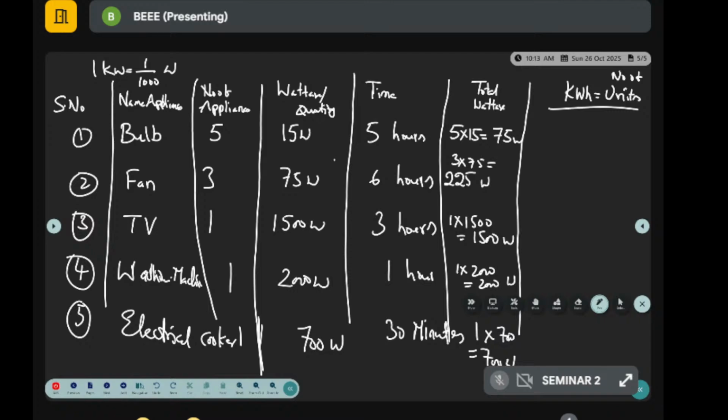And now this kilowatt hour we require. So 75 by 1000 into 5 hours. 225 by 1000 into 6 hours.